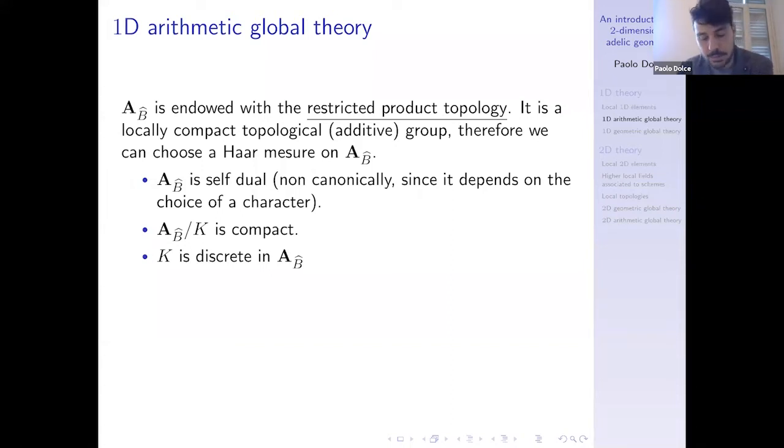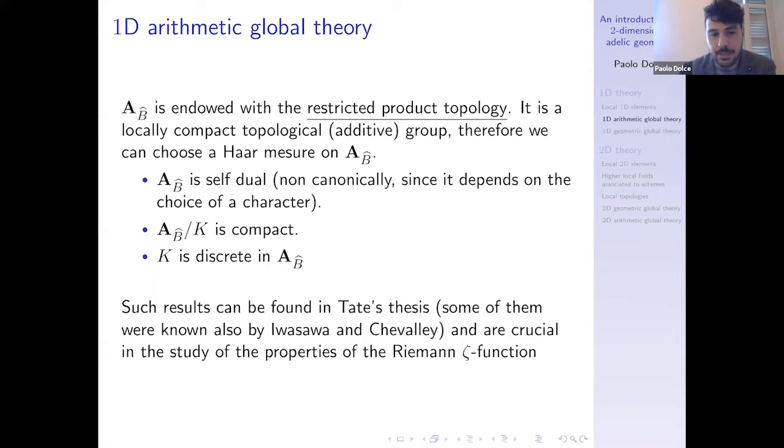As I told you at the beginning, I want to focus now on the topological aspects. These are the things that Tate used in his thesis to develop analysis on the ring of adeles. But some of these properties were already known by Iwasawa and also Chevalley.